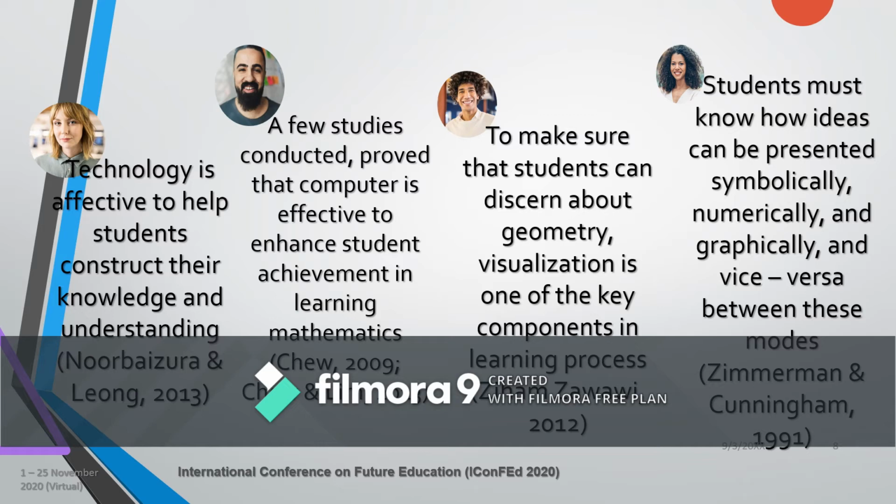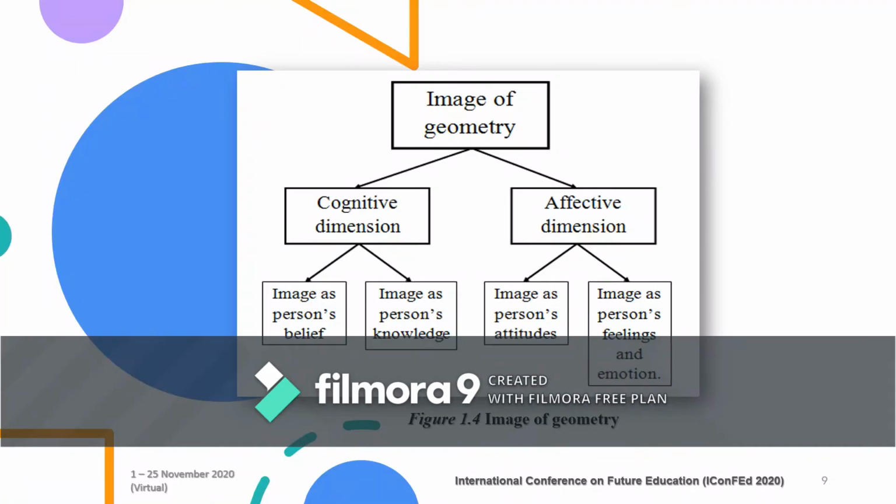So, based on this, technology is effective to help students construct their knowledge and understanding. So, I am suggesting to use GeoGebra to help students in Malaysia to increase their achievement in geometry. The concept of image of geometry has been adapted and reconstructed from Lim and Chapman 1999 images of mathematics, which consists of cognitive dimension and affective dimension.